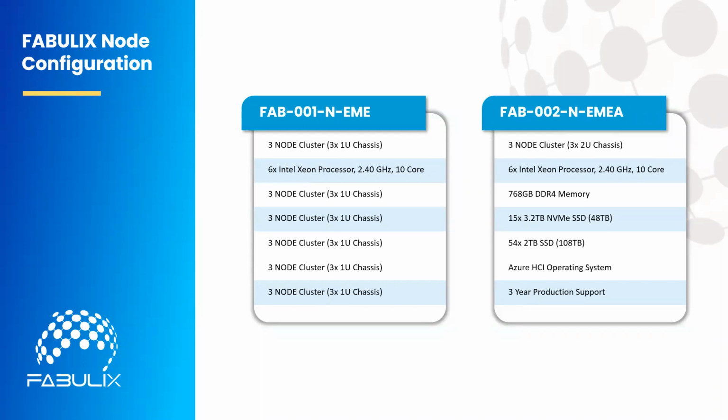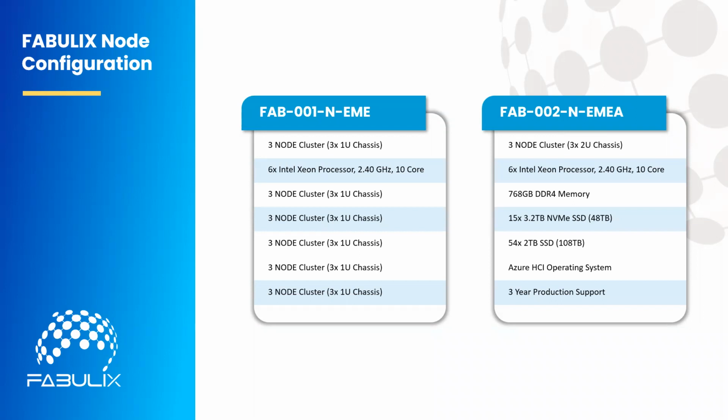So here you can see the Fabulix node configuration. We have 2 models, the standard models. One is with the 1U chassis, and another one is with the 2U chassis.